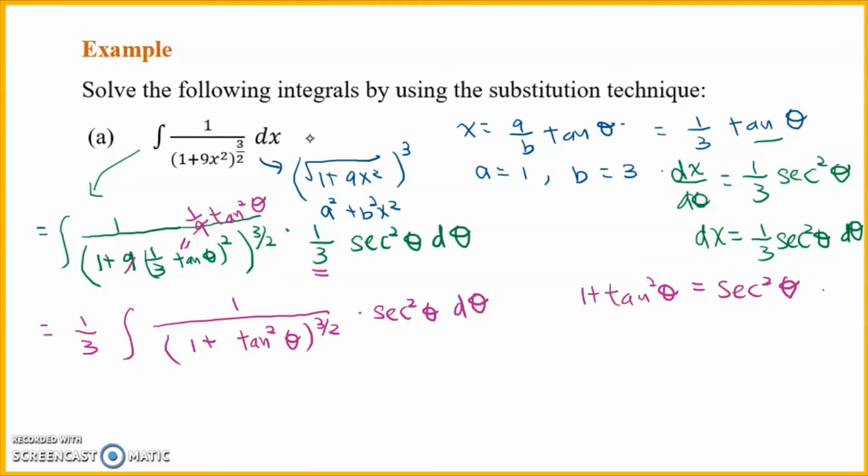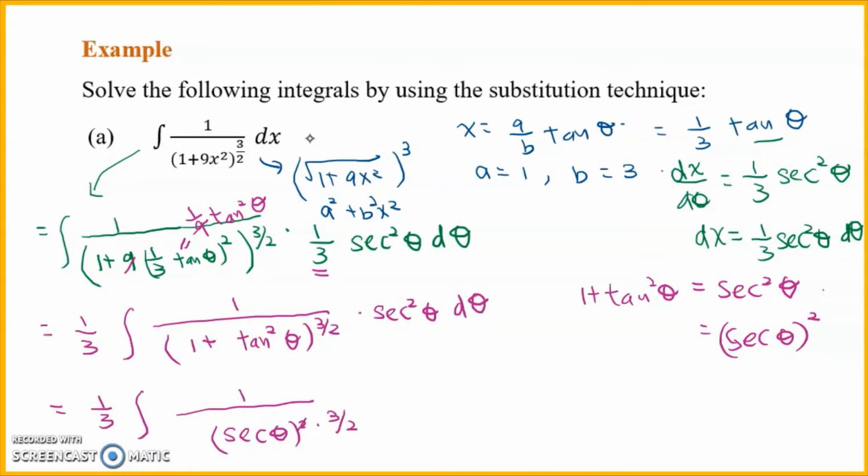And hence this part becomes 1 over secant theta to the power of 2, times the power of 3 over 2.